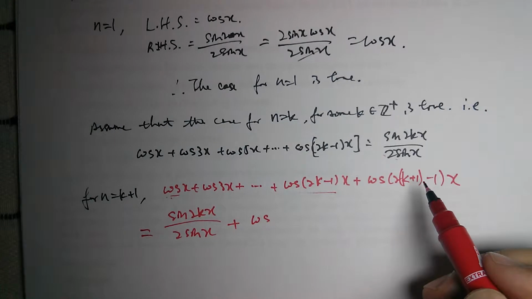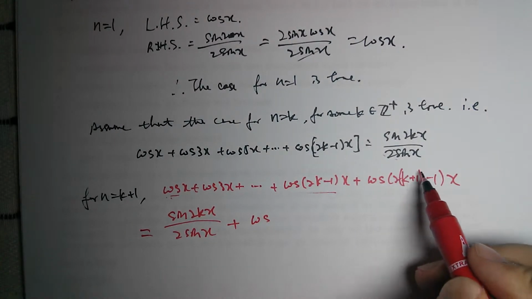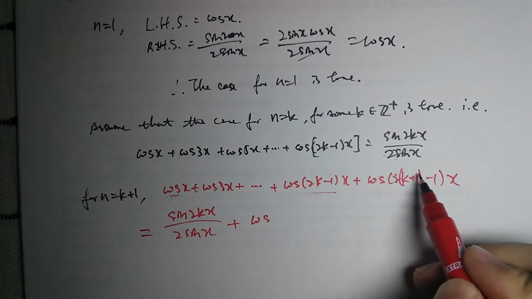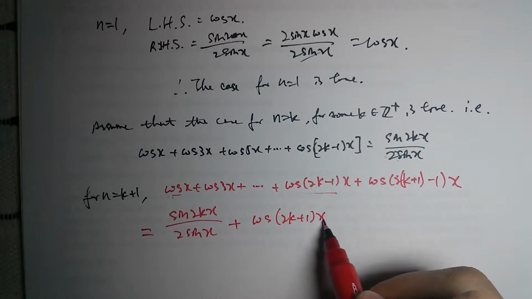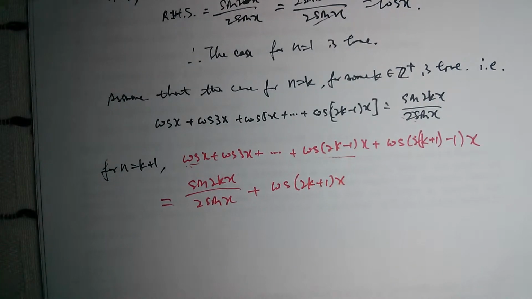We simplify the bracket a little bit. 2 times (k plus 1) is 2k plus 2, minus 1 is 1, so it's (2k plus 1)x.